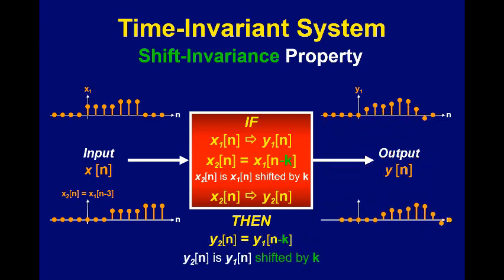So if I shifted x1 by 3, y1 better come out shifted by 3. My system doesn't compress or expand time. It keeps everything in lockstep: I delayed it on the input, I delayed it on the output.